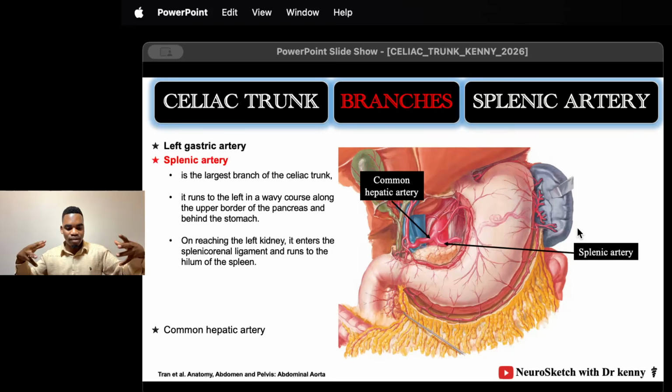As you are breathing in and breathing out, the spleen moves, because it is related to the diaphragm and the stomach. So the tortuosity of this artery gives the splenic artery room to expand and recoil, like a spring. It is tortuous for that reason.